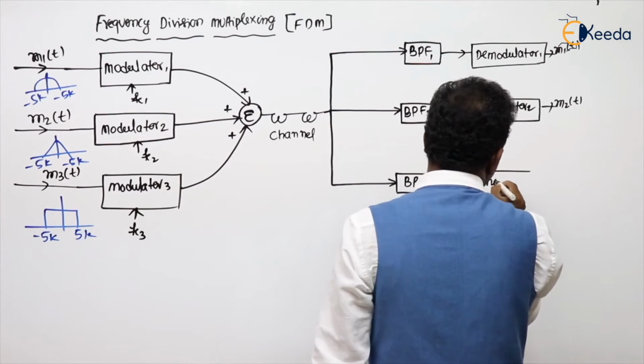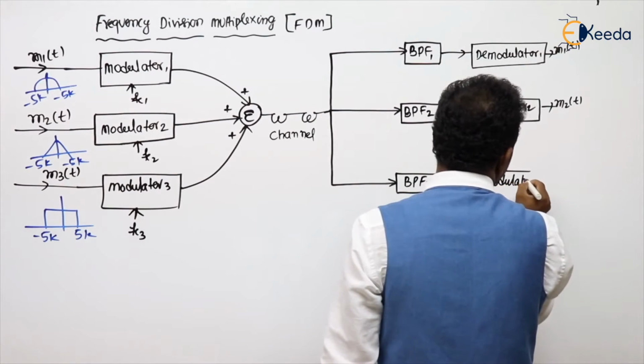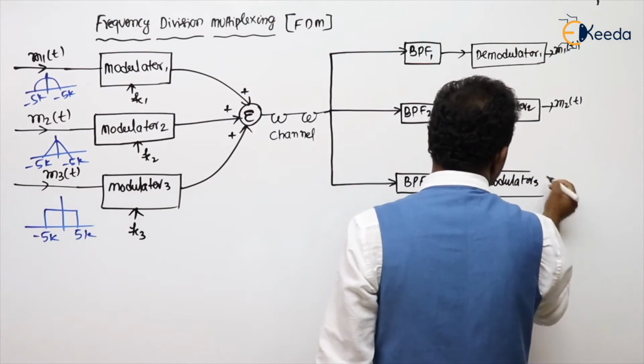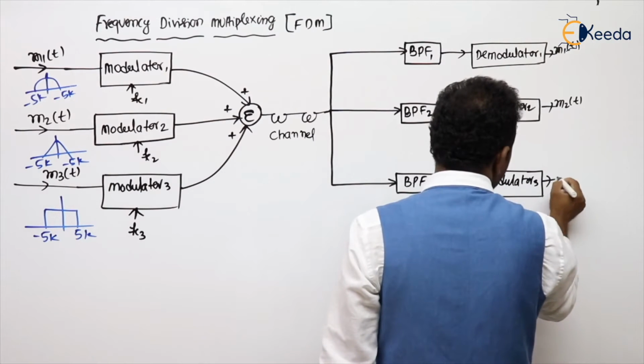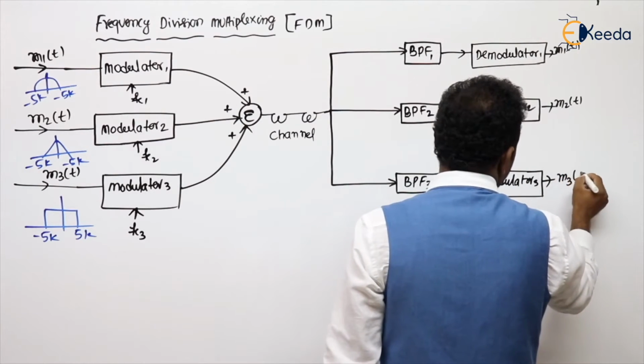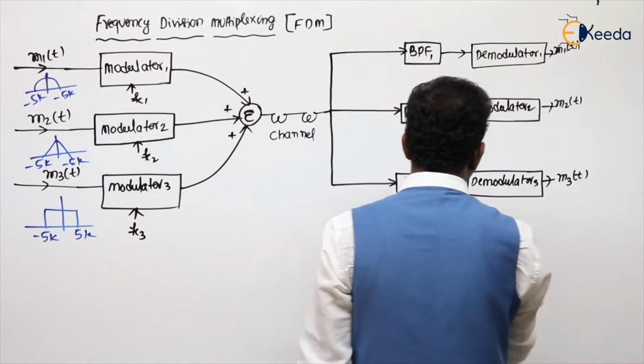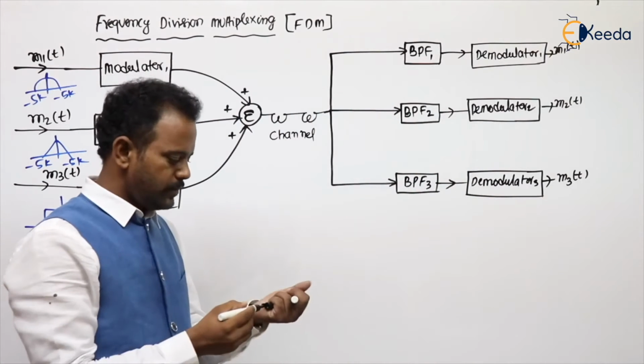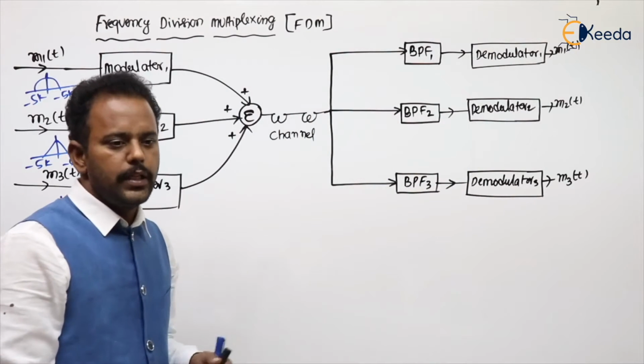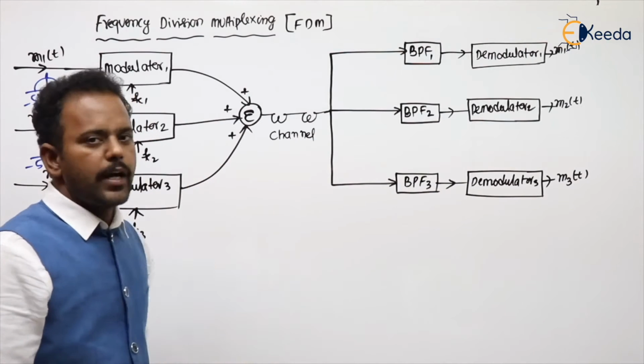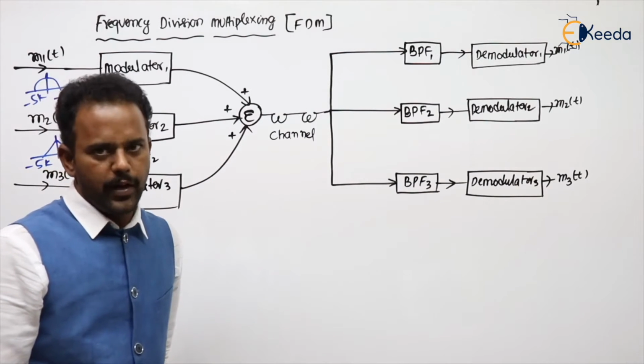Like demodulator 3, I will get M3. Getting my point or not? This is the block diagram of an FDM that we have.